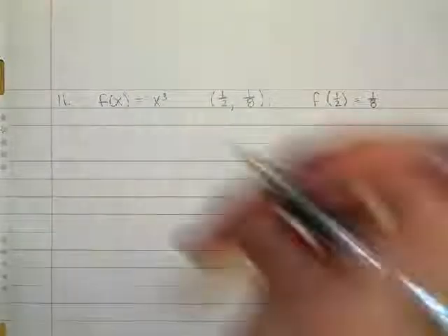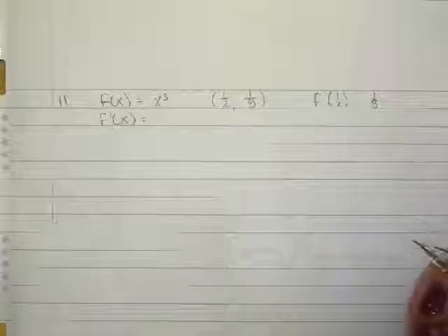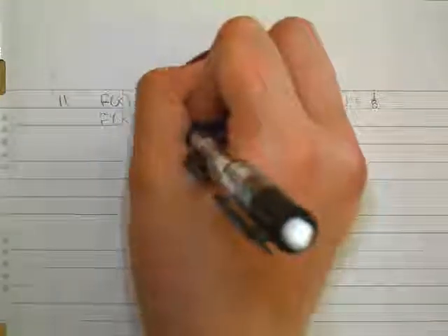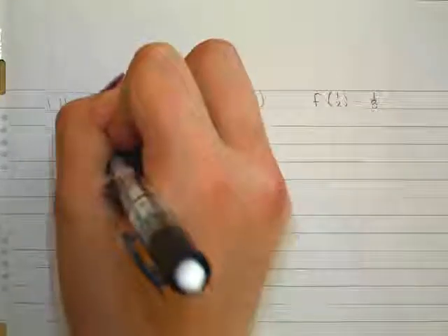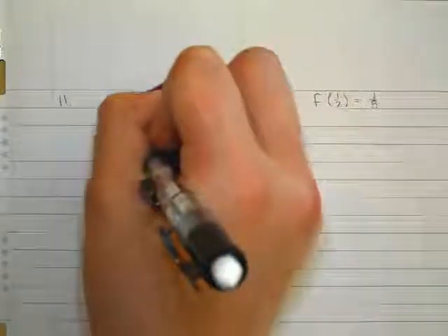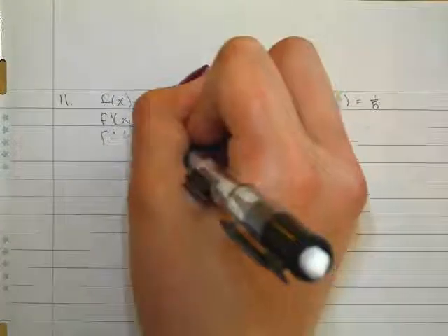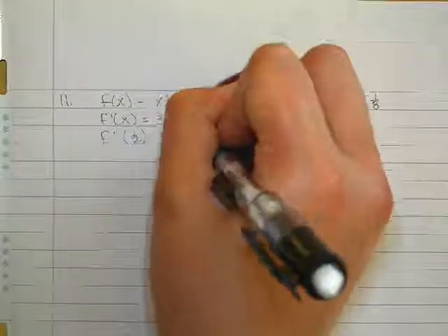Okay. So f prime of x is what? 3x squared. 3x to the second. Okay. So if we do f prime of 1/2, then what do we get? 3 times 1/2 squared.